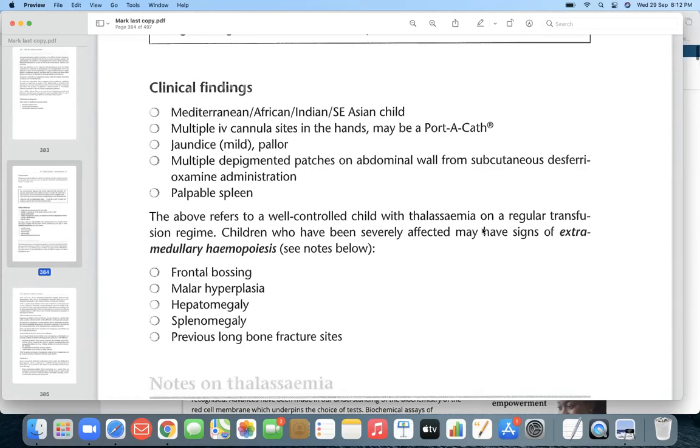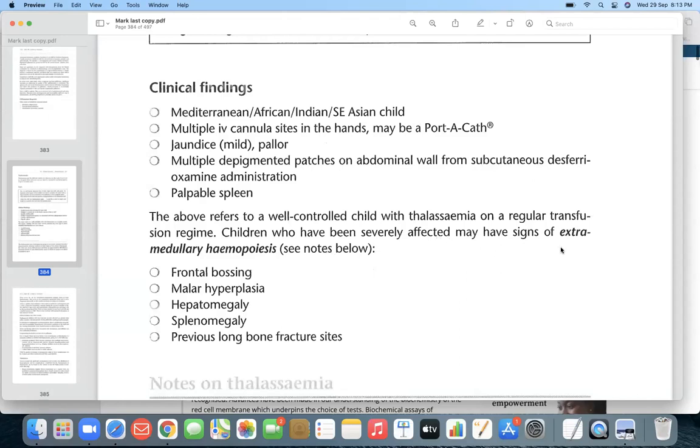And also here in this case, he hasn't been given hepatomegaly as well. Only splenomegaly is there. But he has desferoxamine depigmented patches in the abdomen, and also he has multiple cannula sites in the hand. So he is a well-controlled child with thalassemia major.